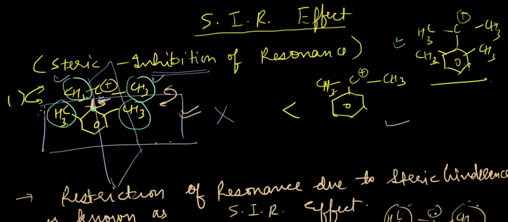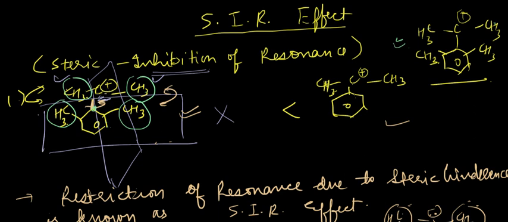Suppose the phenyl ring is in one plane, and the carbocation rotates itself, along with the other two CH3 groups, into a perpendicular or near perpendicular plane to the phenyl ring. So what is the significance of this rotation? If the rotation occurs on this bond, then there will be no conjugation between the pi bond in the phenyl ring and the carbocation.